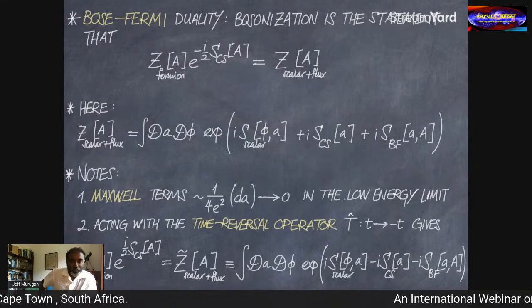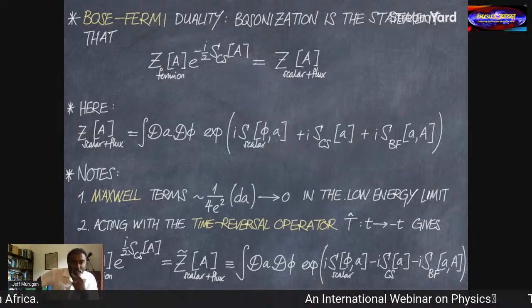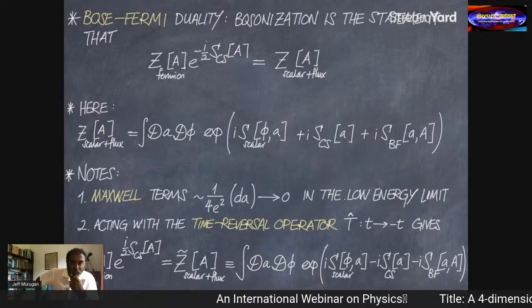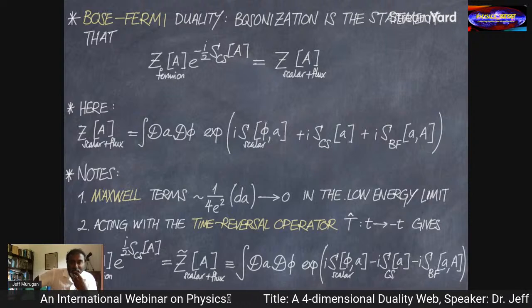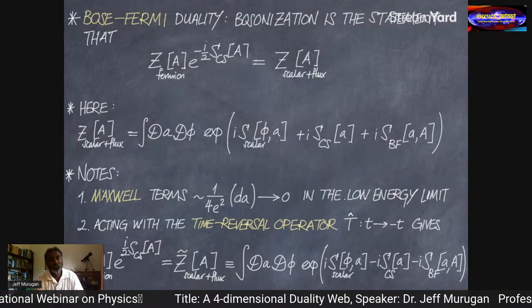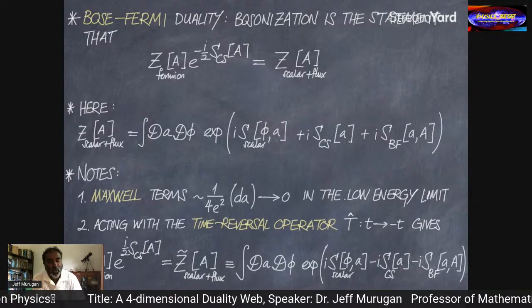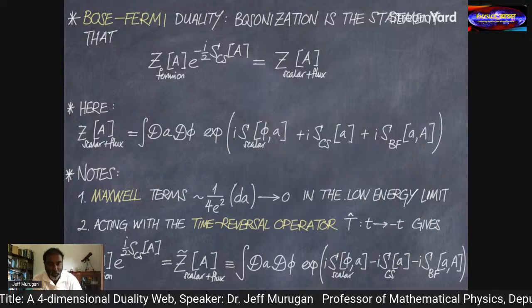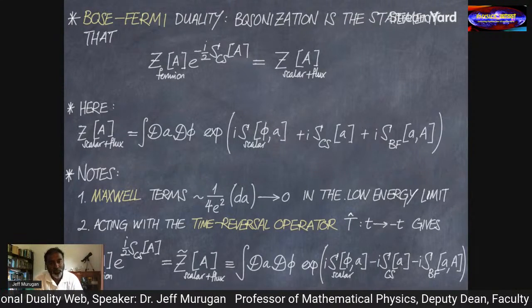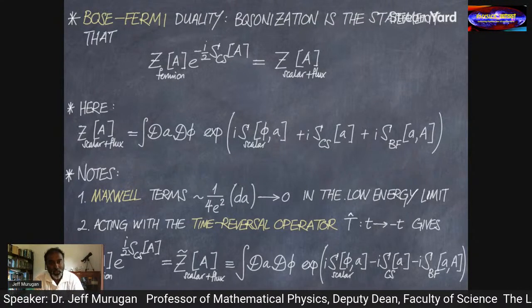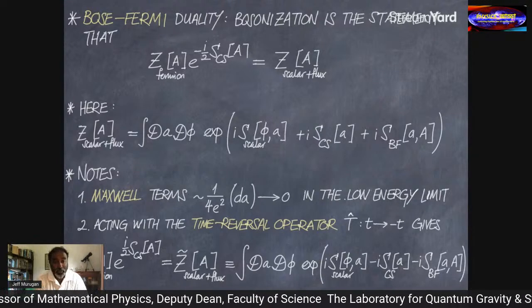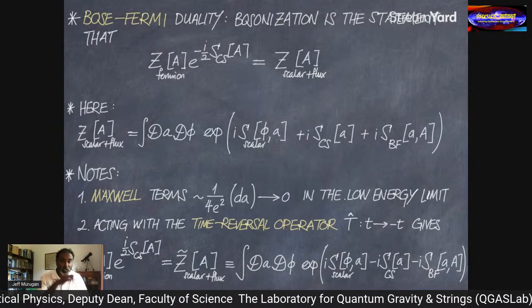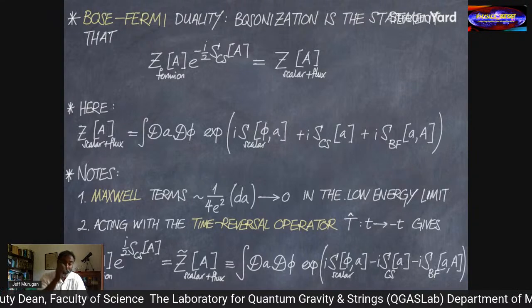So let me do some examples. The first one is bosonization, which is a Bose-Fermi duality. And this is the statement that the partition function for the Z fermion that I wrote a couple slides ago, with background gauge field capital A, multiplied by e to the minus i over 2 Chern-Simons action.